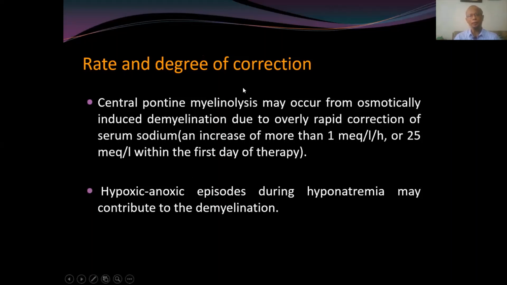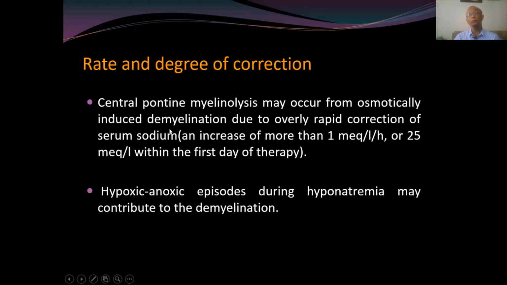Rate and degree of correction: central pontine myelinolysis may occur from osmotically induced demyelination due to overly rapid correction of serum sodium, an increase of more than 1 milliequivalent per liter per hour or 25 milliequivalent per liter within the first day of therapy. So this is very important.